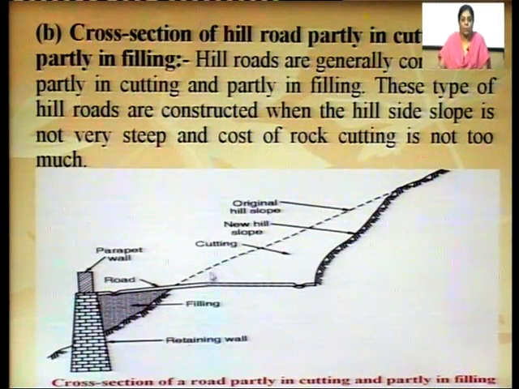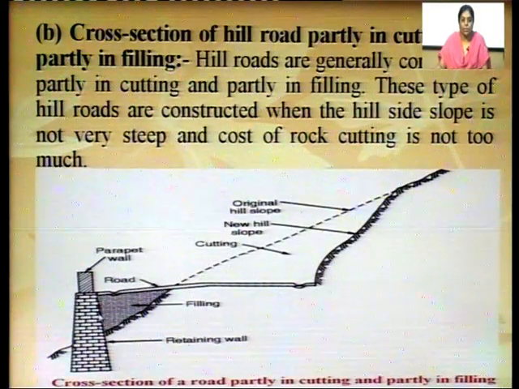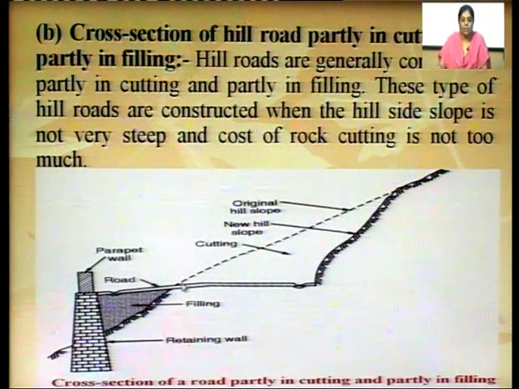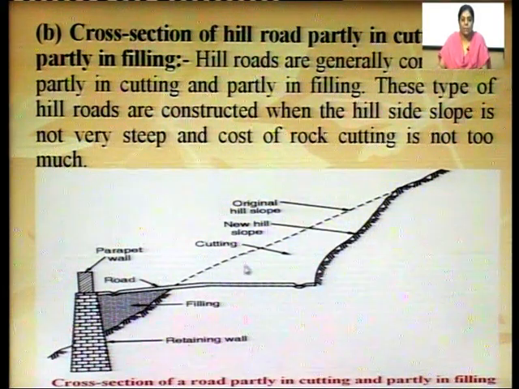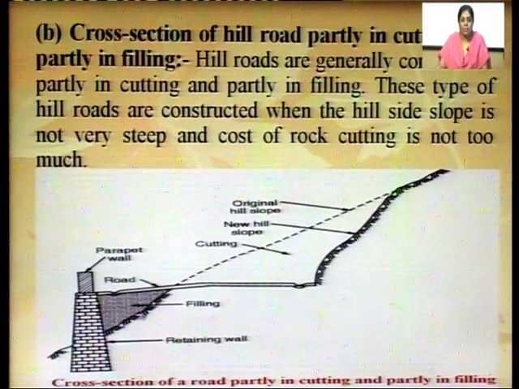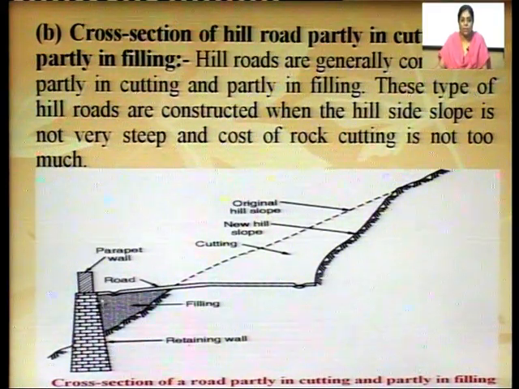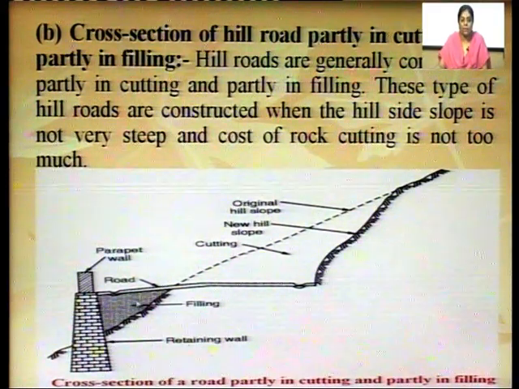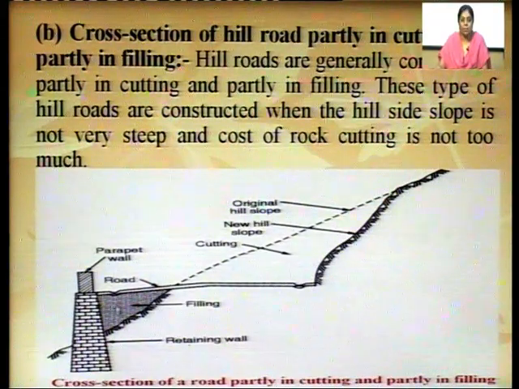But for constructing this road, what we did? We did cutting from this part of the hill, and this part of the slope is filled to bring the road to this level.